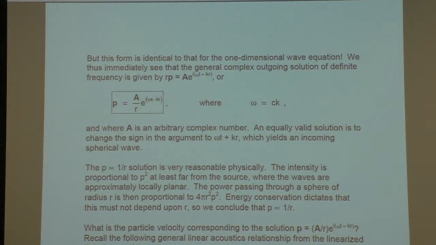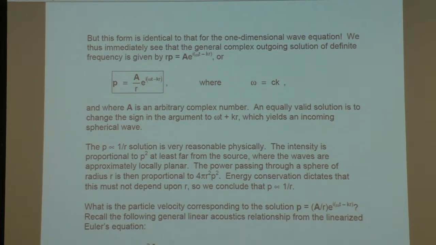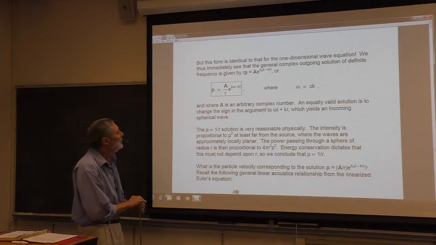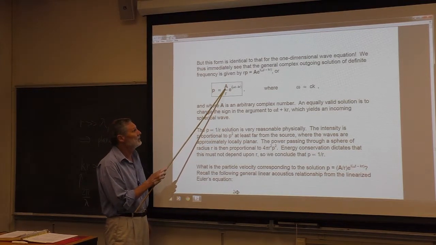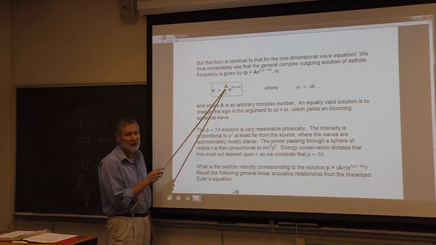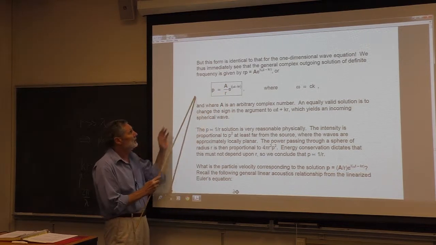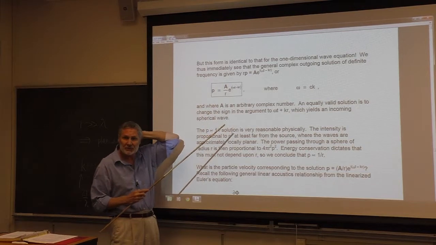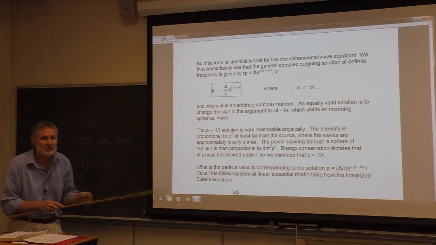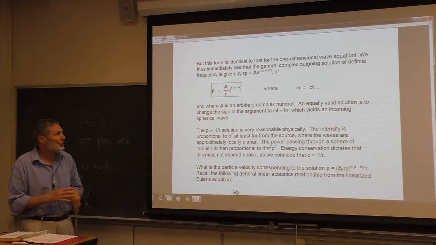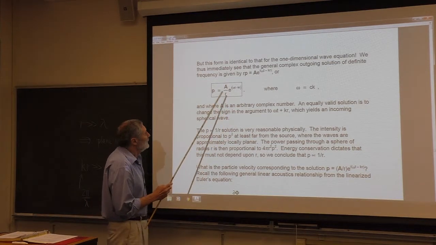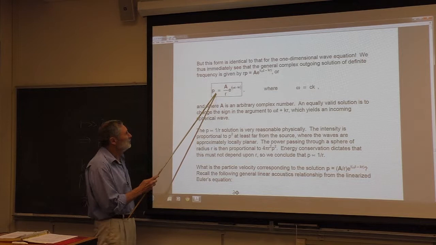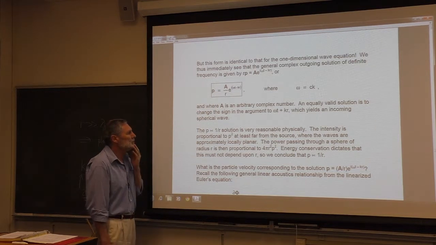I mean, the math is telling us that, but it's important to look for physical reasoning for this. Incidentally, before we get into that, this is called the complex amplitude, an arbitrary complex amplitude here. In the end, we're going to take the real part of all this, right? For the actual physical pressure, we take the real part.